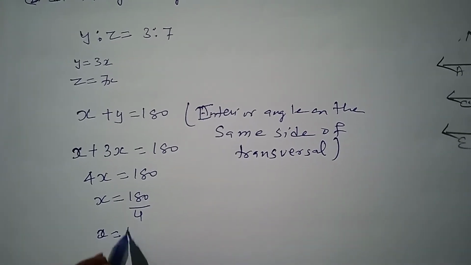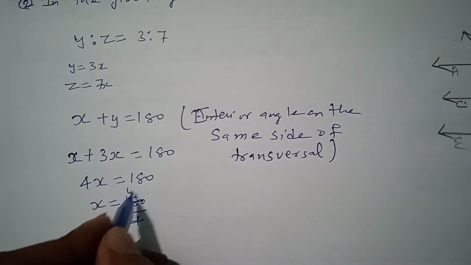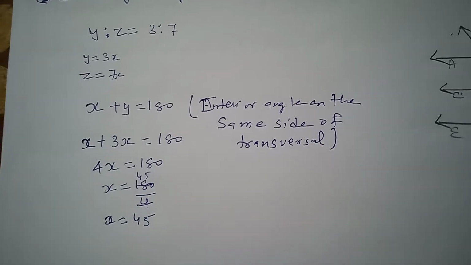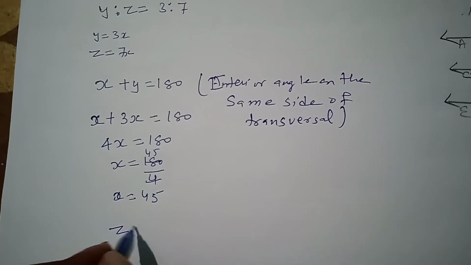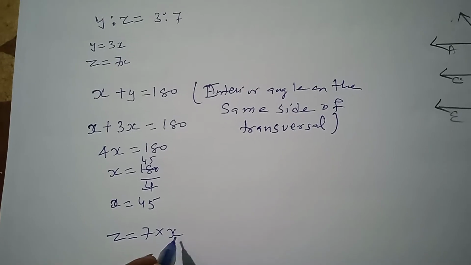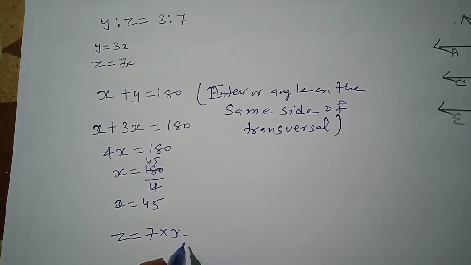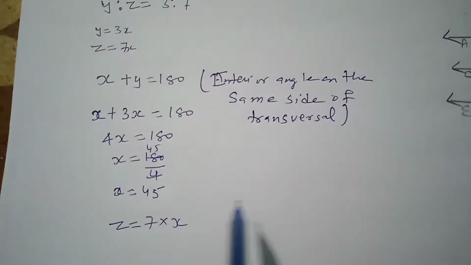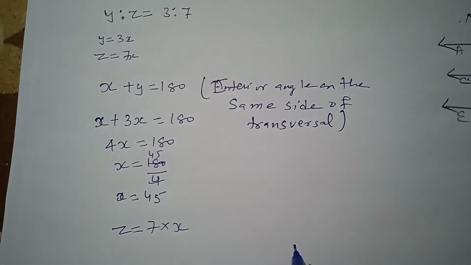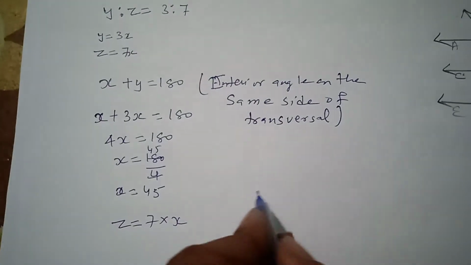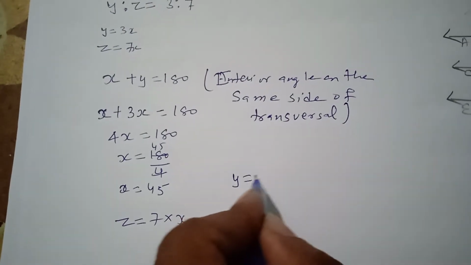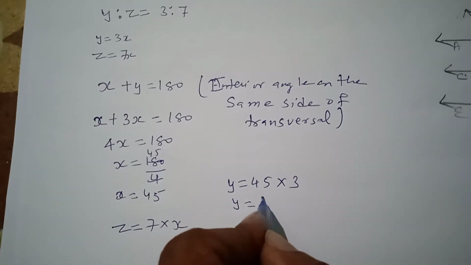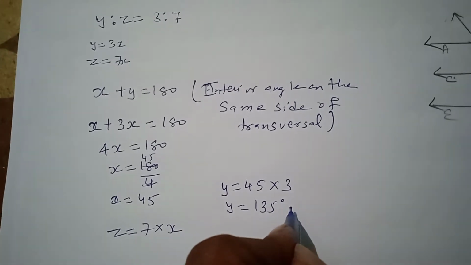X is equal to 45. Z is equal to 7x given. X we are having 45, y we are having 3x, means value of y we will get 45 multiplied by 3. Y is equal to 135 degrees.